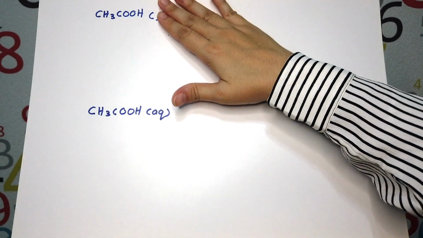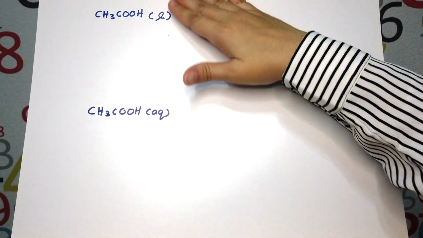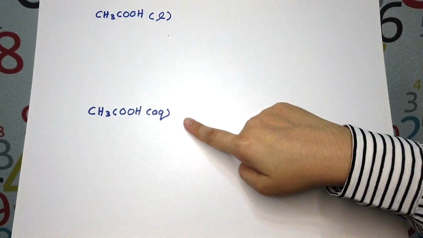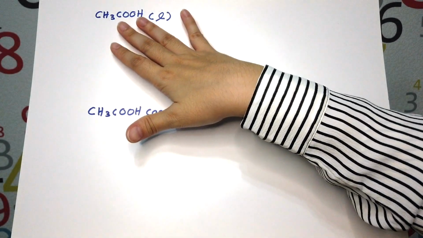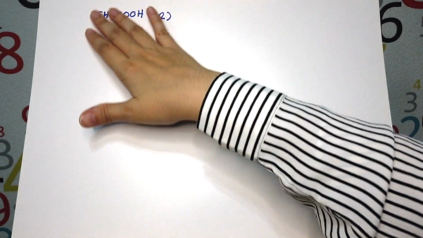Okay, let's get started with this. When you want to know the product of dissociation, just like I have explained just now, you need to look at the state of matter. So here you have CH3COOH for both examples. One is in the liquid form and the other one is in the aqueous form. Remember, if it is in the liquid form, it means that this CH3COOH is being melted, so no additional water or moisture is being added to this one.